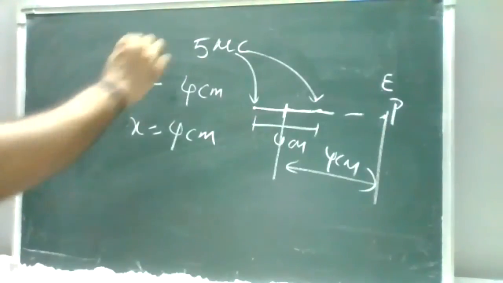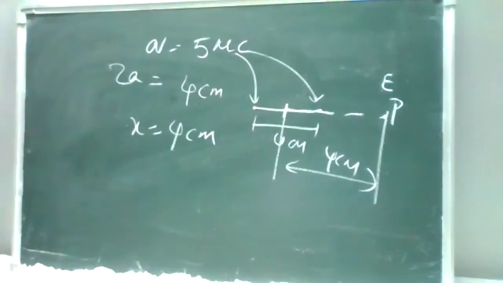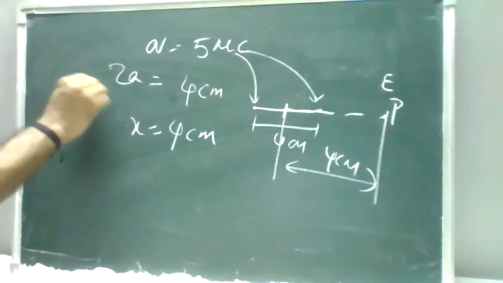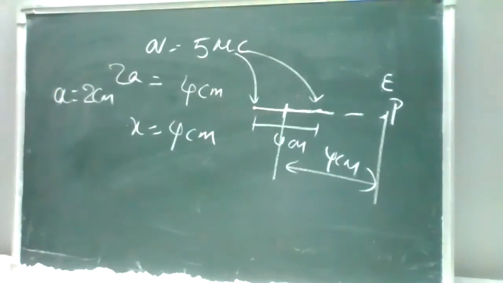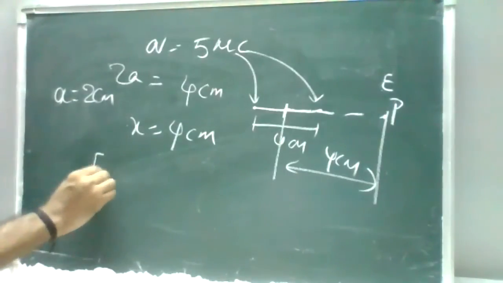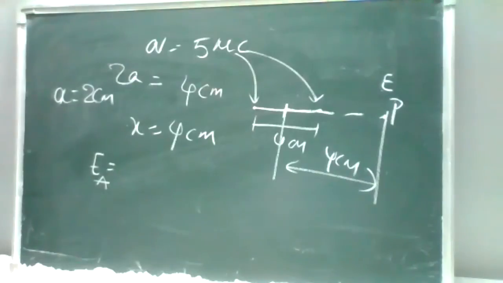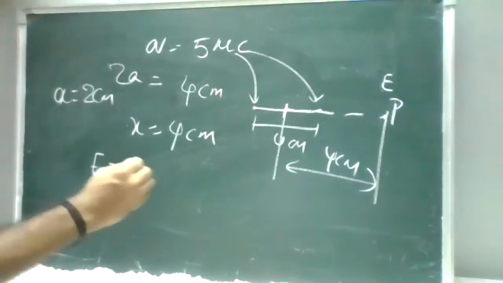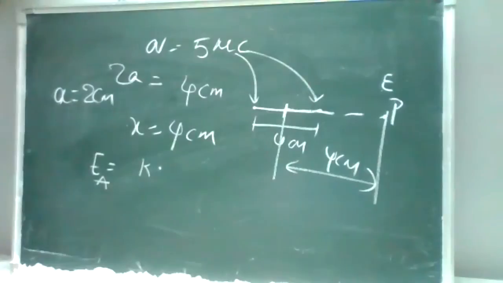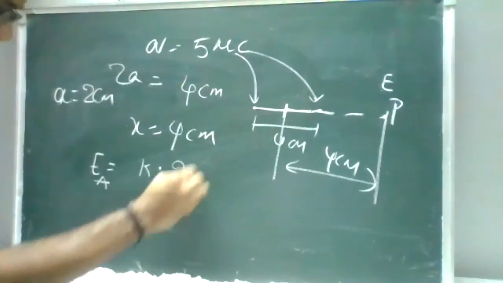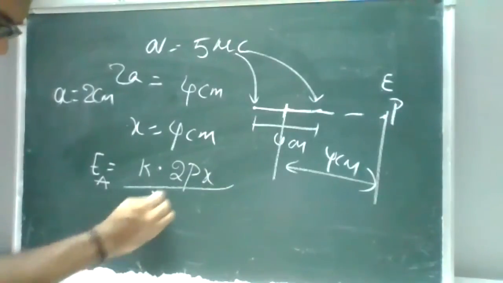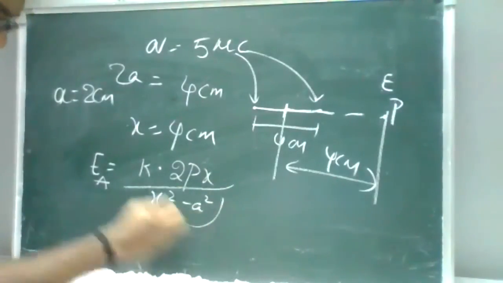So here the charge is q, 2a is given, so a is nothing but 2 centimeters, and x is 4 centimeters. Then what is the electric field for the axial? What is the formula? E axial is equal to K into 2px by x square minus a square whole square.